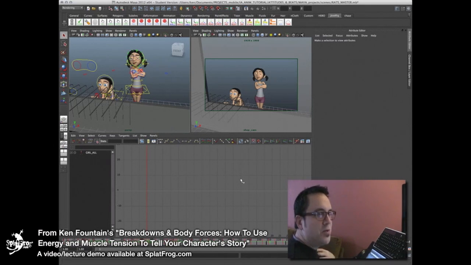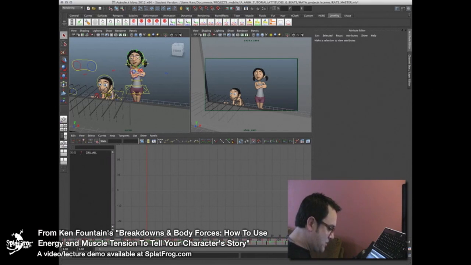Not only do I want the pose to be read by the audience, but I want to convey the fact that she actually is trying to be read. She wants this body pose to be very clear to who she's speaking to. She wants her little brother to actually acknowledge her. She's trying to break his attention away from what he's looking at and look at her, and then she can be all snotty to him.